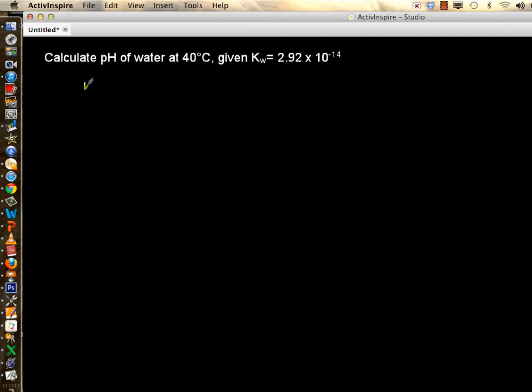Now let's write the equation: H2O dissociating partially, giving you H aqueous and OH minus aqueous. Now remember, at 25 degrees Celsius, this was 1.0 times 10 to the minus 14 as your Kw.